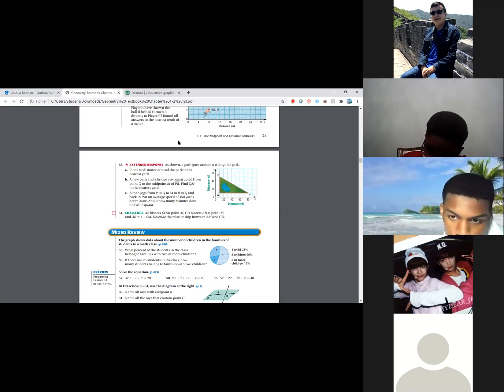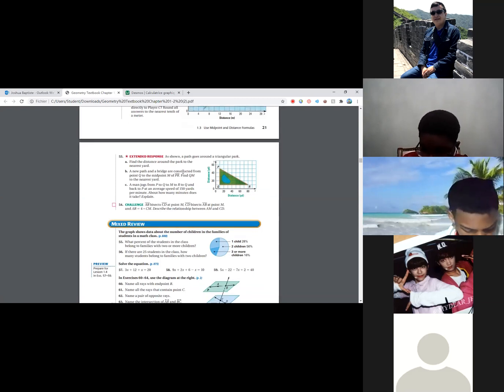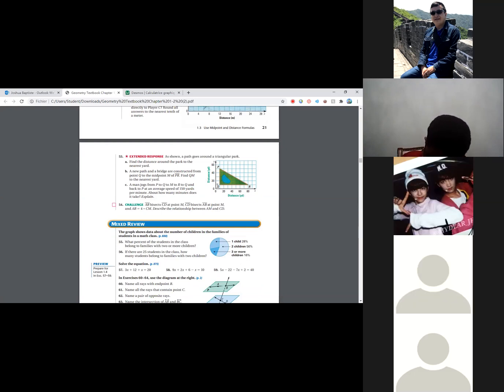I guess Mason. Do you want to do B? I don't really know how to do it. Okay, it says a new path and a bridge are constructed from point Q here to the midpoint M of PR.